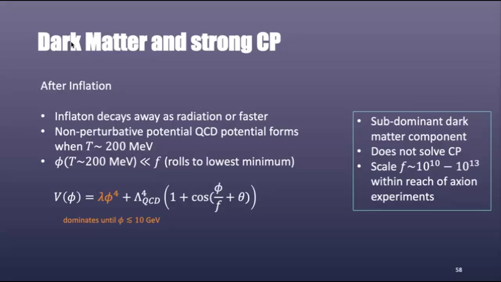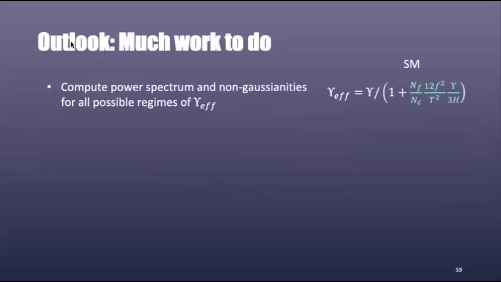But in a way what we're predicting is a generic axion, one that is not dark matter or is a very small component, but an axion that exists in nature that you can produce in light shining through wall type experiments or in astrophysical environments. And the scale that corresponds to the range I've shown you is 10 to the 10 to 10 to the 13 GeV. And there is much more to do.